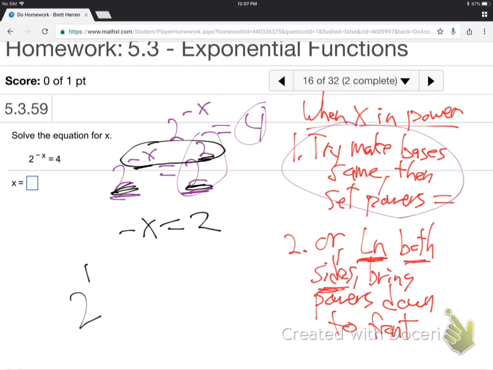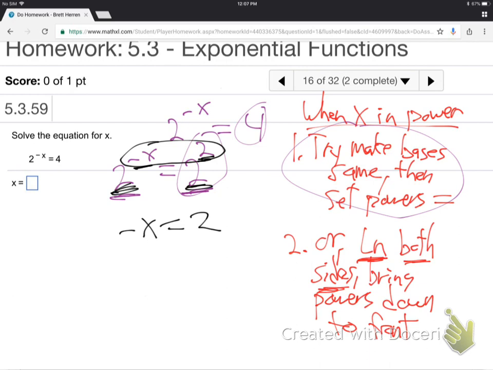If I took 2 to the first, that's not going to equal 2 to the third, for example. The only way 2 to something equals 2 to something is if those powers are equal. So as soon as you've made the bases the same, you know the powers have to be equal.